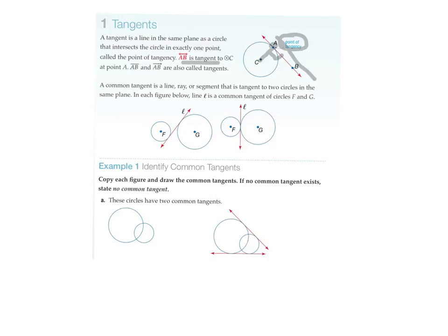Okay, so now let's have a look at common tangents. As you can see from the two diagrams here and in example 1, a common tangent is where it will touch two circles. And as you can see, there are three different diagrams, but all three of them have got common tangents.